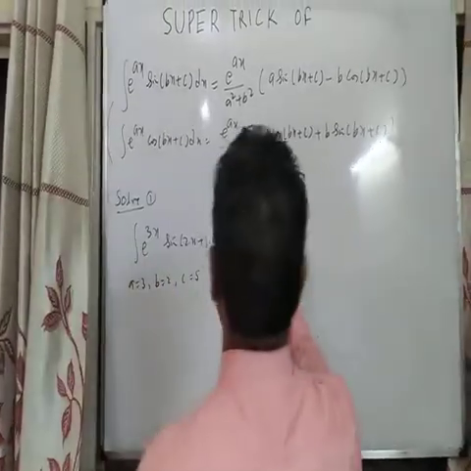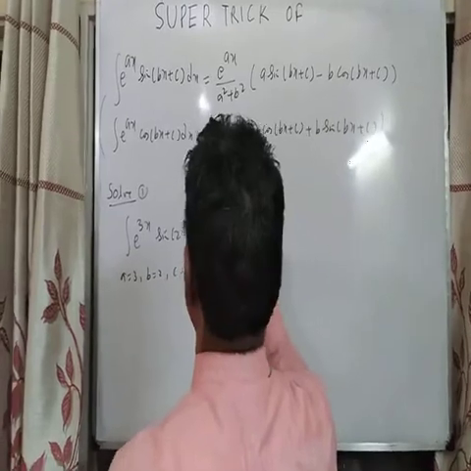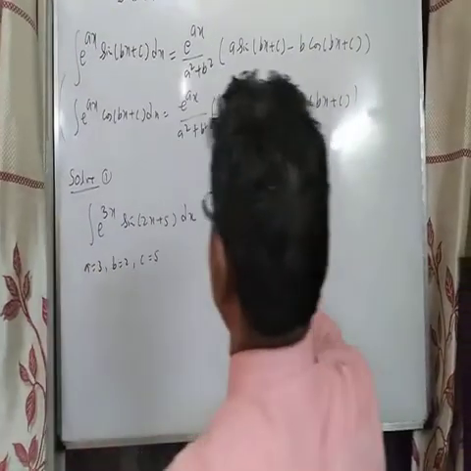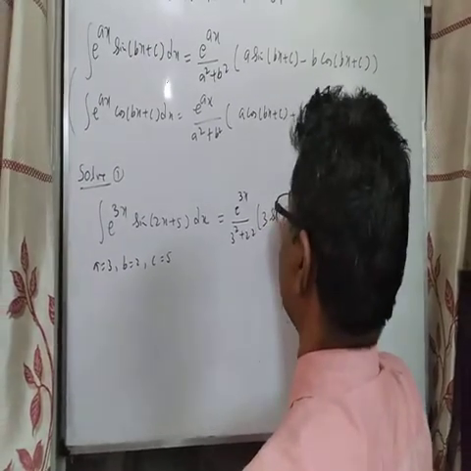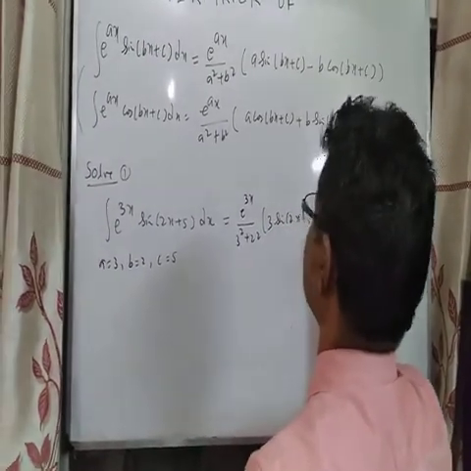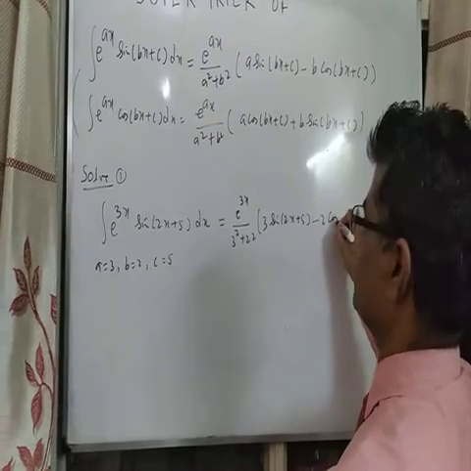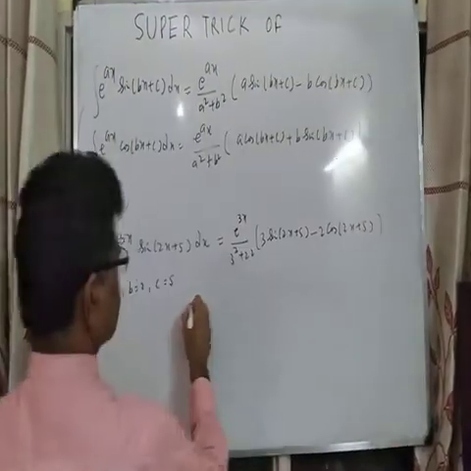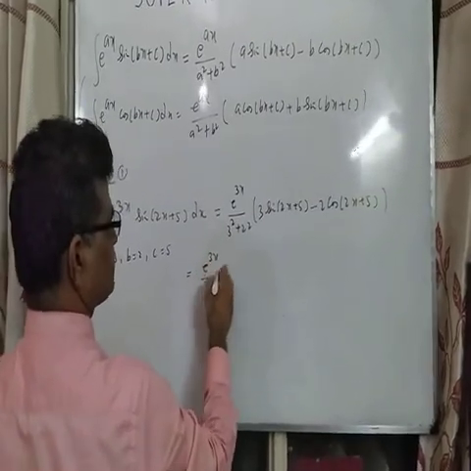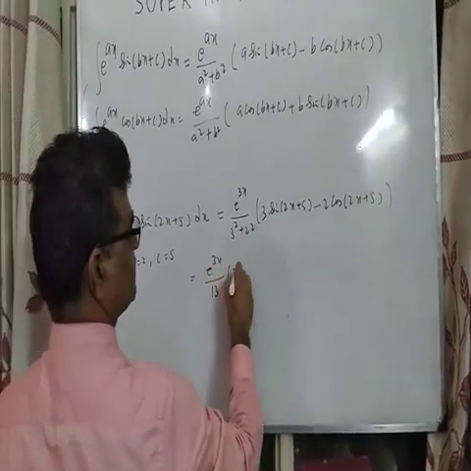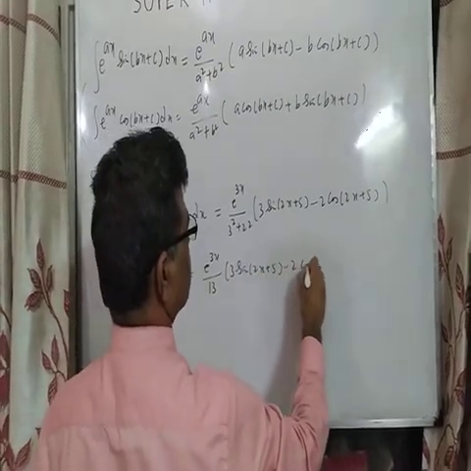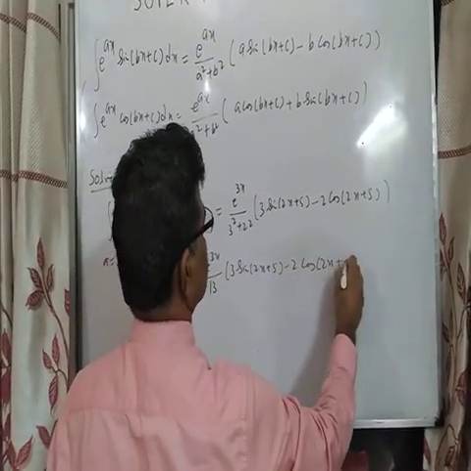So with the help of this formula you can directly use it: e to the power 3x upon 3 square plus 2 square, times a, meaning 3, sin(2x plus 5) minus 2 cos(2x plus 5). So the answer is e to the power 3x upon 13, times 3 sin(2x plus 5) minus 2 cos(2x plus 5).